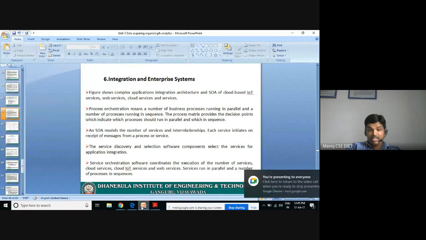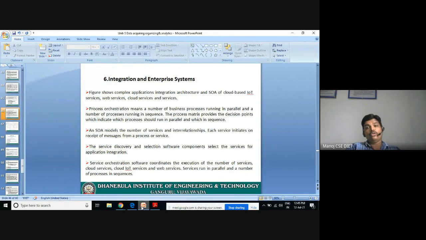There is a specific diagram to visualize this complex application integration architecture and SOA, especially cloud-based IoT services, web services, cloud services, and other additional services, where a number of business processes are running in parallel and a number of processes are running in sequence.